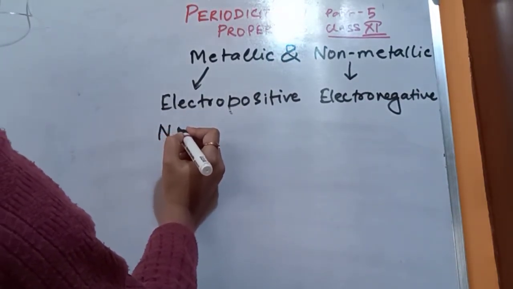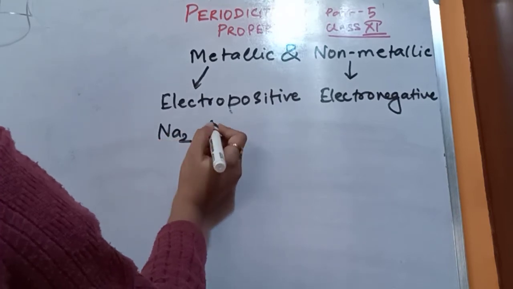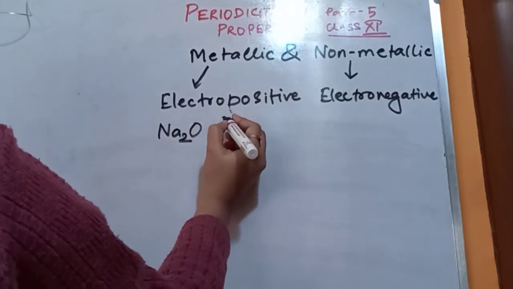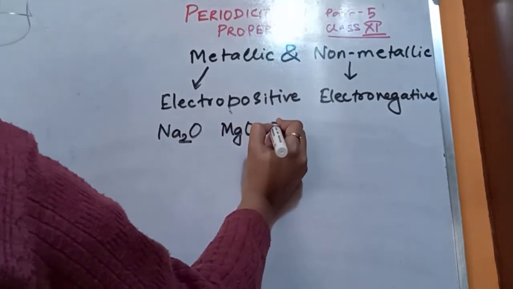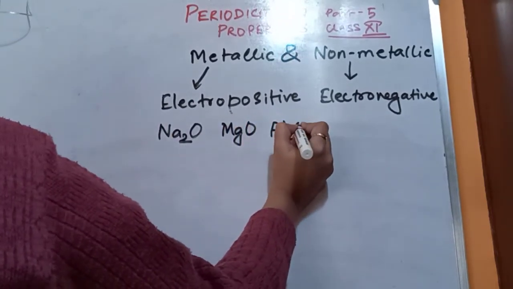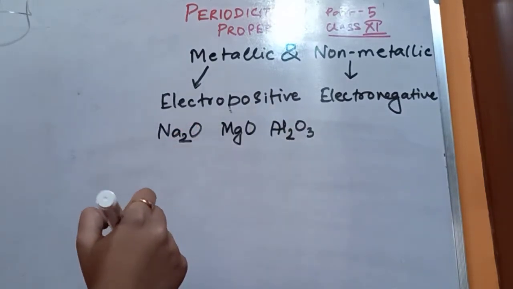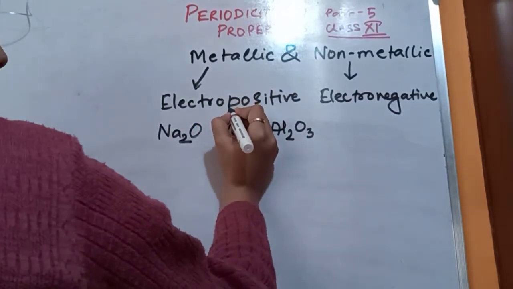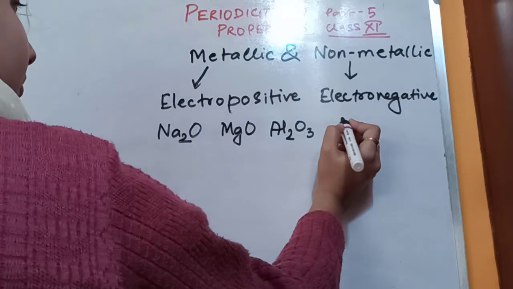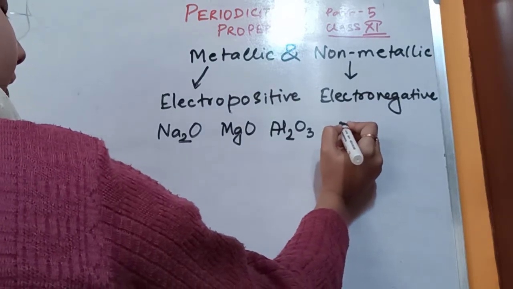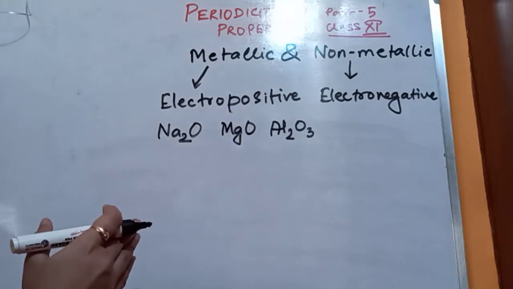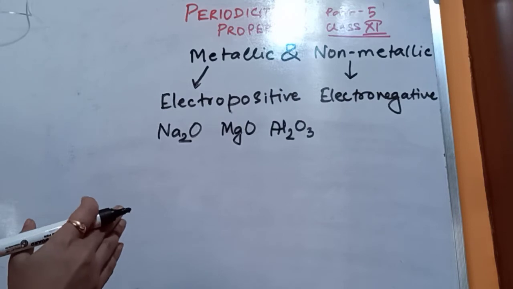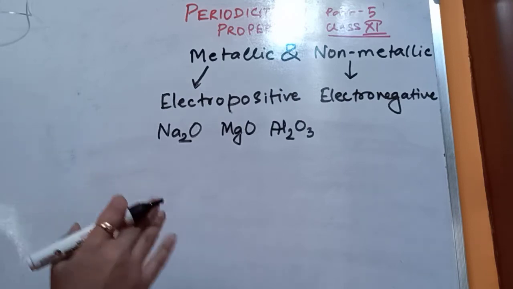Taking the elements of period 3. Sodium oxide, magnesium oxide, aluminium oxide. Since it is oxide, I'll consider silicon, phosphorus, sulfur and chlorine.